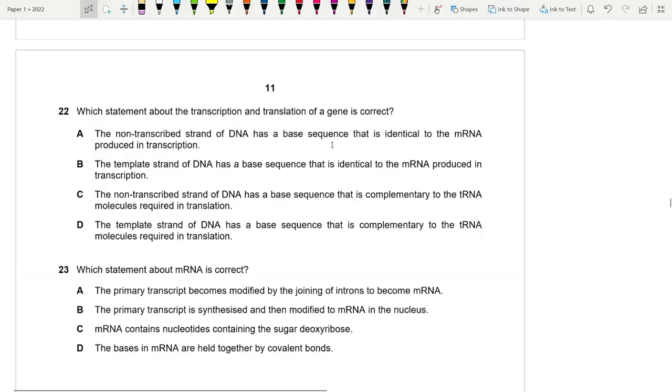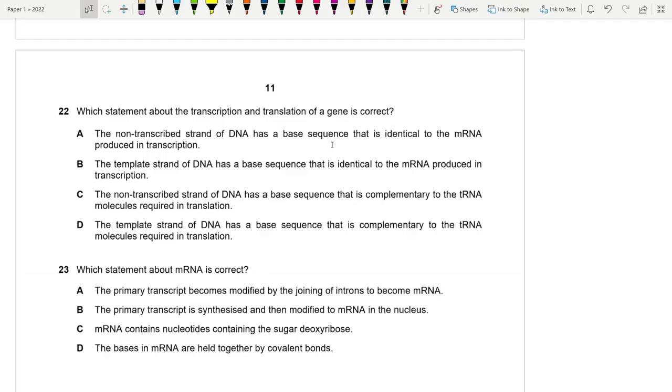20. Which statement about the transcription and translation of a gene is correct? The non-transcribed strand of DNA has a base sequence that is identical to the mRNA produced in transcription. Not really, because DNA does not have uracil. mRNA has uracil. Get it? The template strand of DNA has a base sequence that is identical to the mRNA produced.